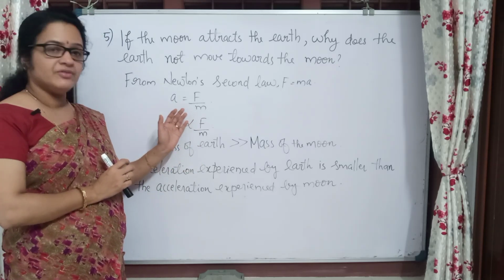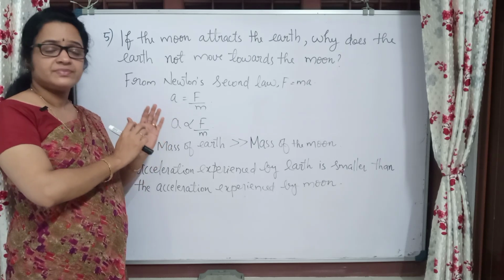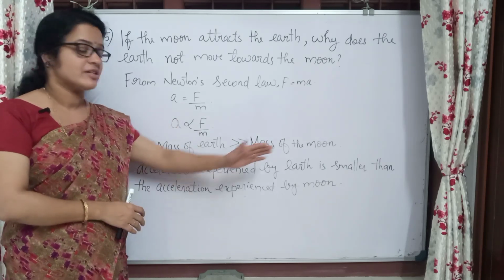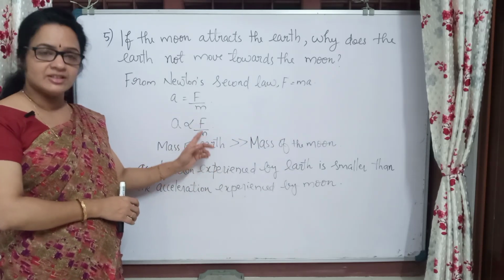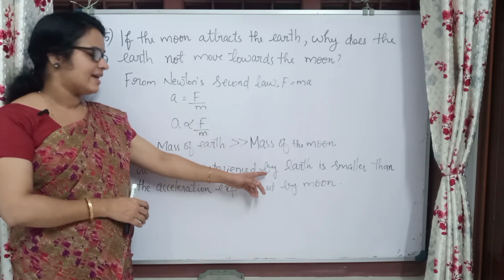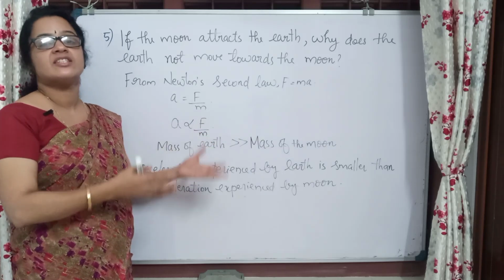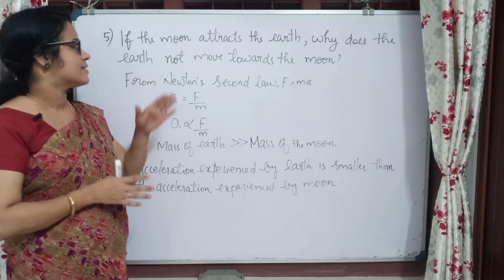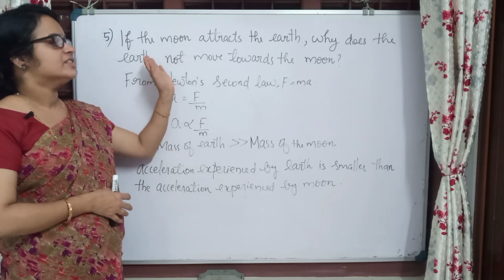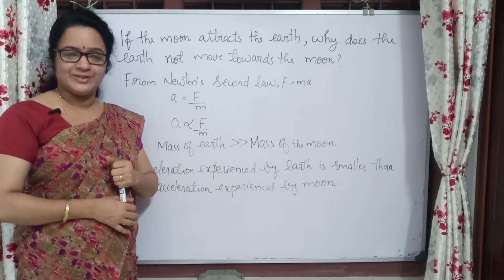From here we know that the mass of the Earth is much greater than the mass of the Moon. That is why the acceleration experienced by Earth will be much less than the acceleration experienced by the Moon due to Earth. So that is the reason for Earth not moving towards Moon.